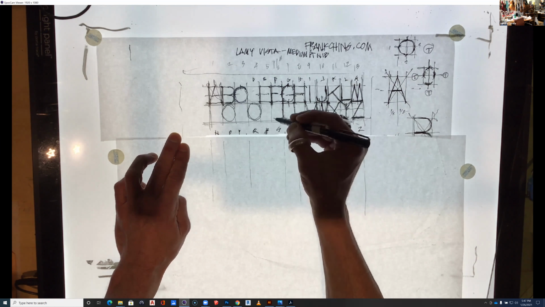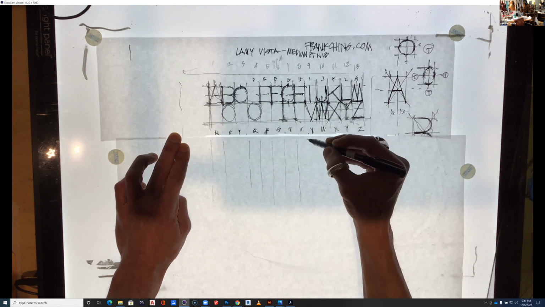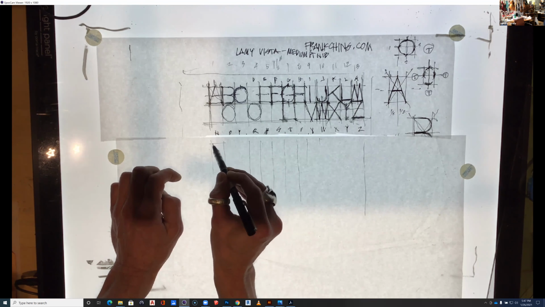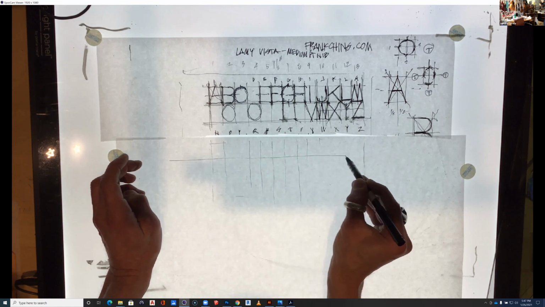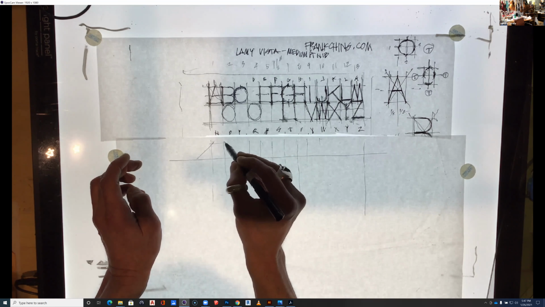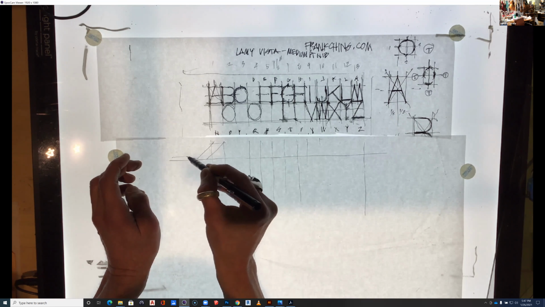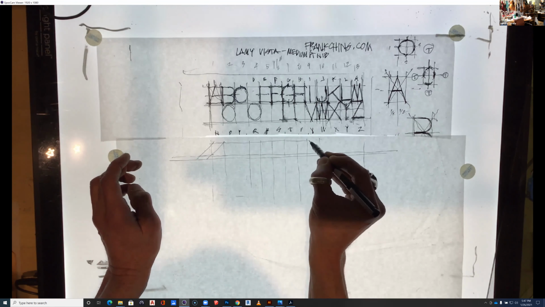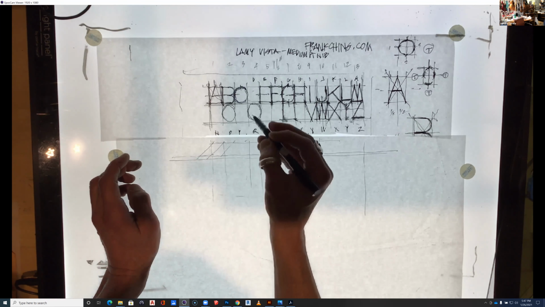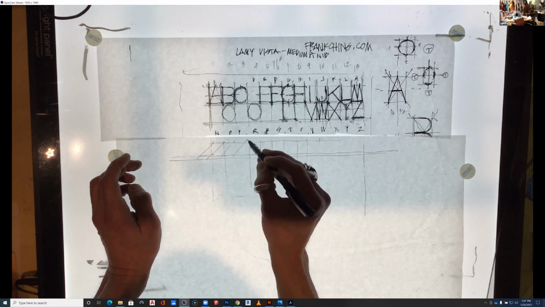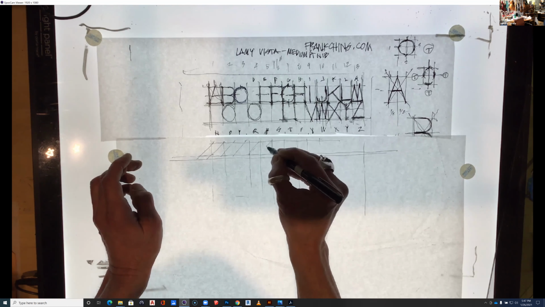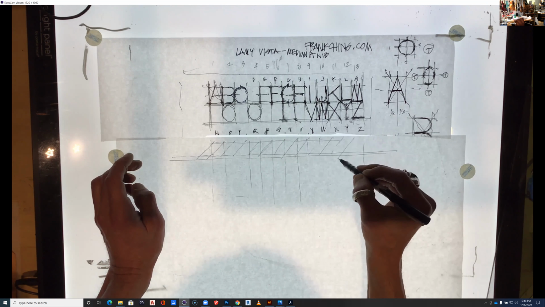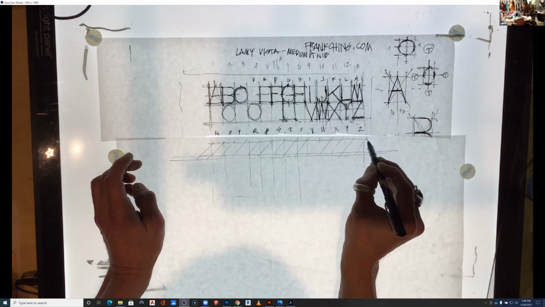Again, it really doesn't matter how you construct this as long as you come up with some kind of system. So the idea is a little more difficult.